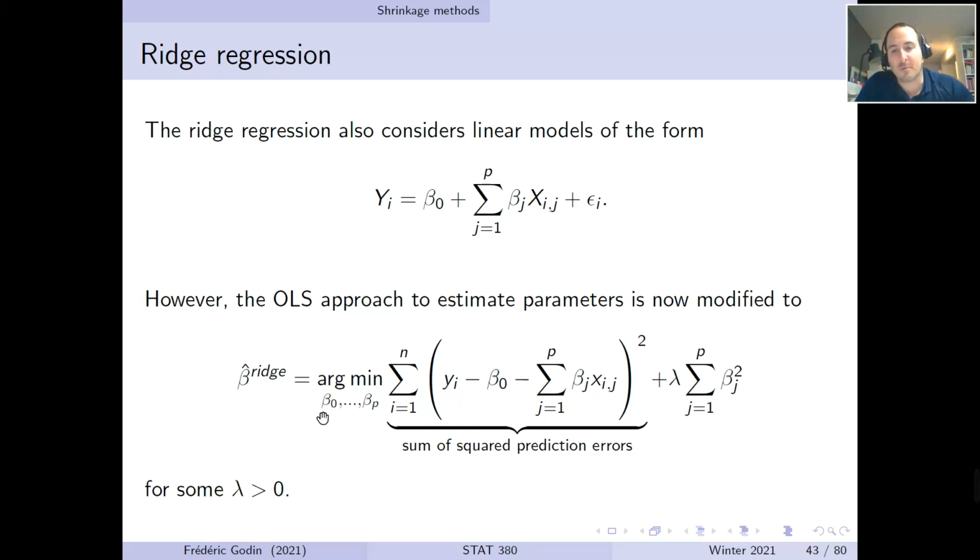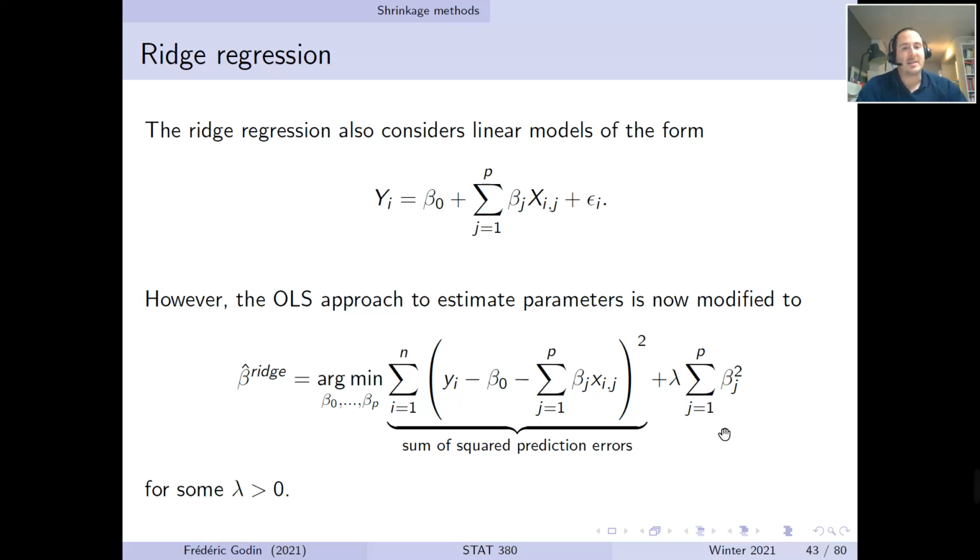So we take the parameters minimizing this. This is the sum of squares of prediction errors, which is exactly the same term as in an OLS regression. It's the sum across all training observations of the response minus its associated prediction based on the parameter estimates, and this is squared. If it were only this, then this would be the regular OLS regression.